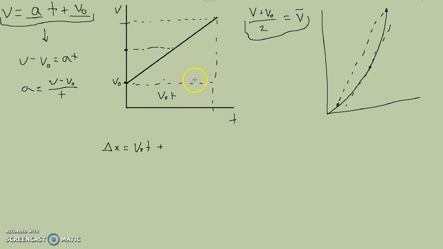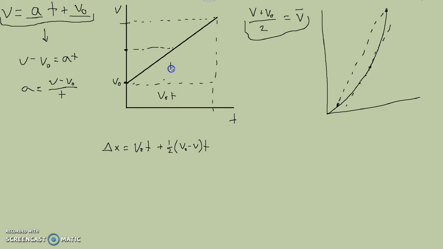And then we have this triangle here. Area of a triangle is going to be 1/2, and this is a height from v naught to some amount v, so it's like the difference between those. So it'd be v naught minus v, and then times the width here of t.